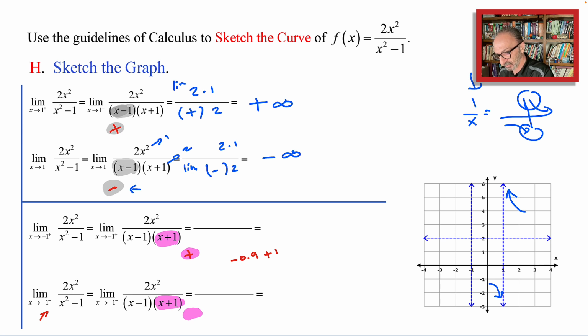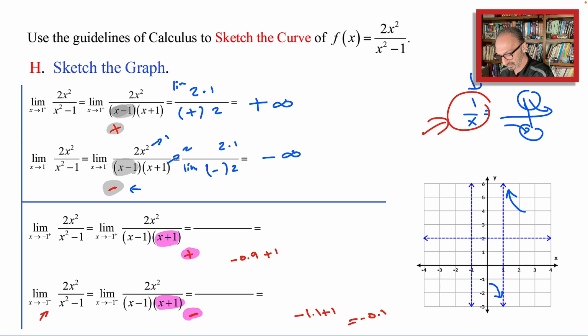So when we have negative 1.1, negative 1.1 plus 1 will end up as negative 0.1. Very small number. Thinking about the behavior of 1 over x, negative numbers will give me, as a fraction, negative infinity, of course, if the rest cancels, and gives me the behavior of 1 over x.